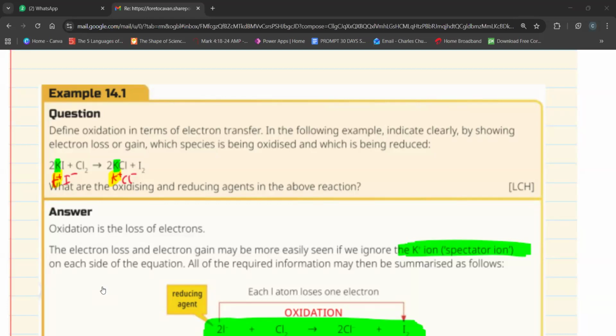The potassium didn't look like it was changing, so I'm thinking the potassium did not really change. So we cannot say either oxidation or reduction happened there. But if we look at the other one, the oxidation and reduction would have happened between chlorine and iodine.